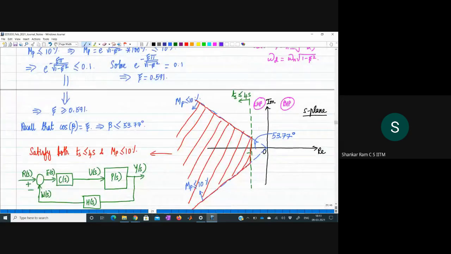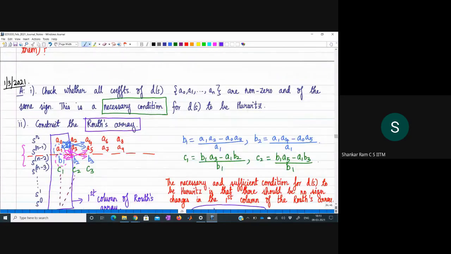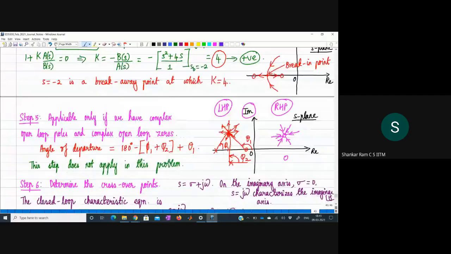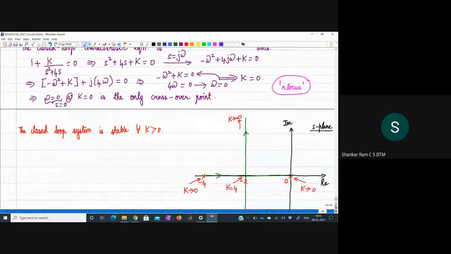So if you recall how we converted the performance requirements of settling time less than 4 seconds and peak overshoot less than 10% into this open trapezoid region, right? So we are going to use the same thing here. So I'm just going to draw the same feasible region in the root locus plot now. Then we will understand the impact of root locus.